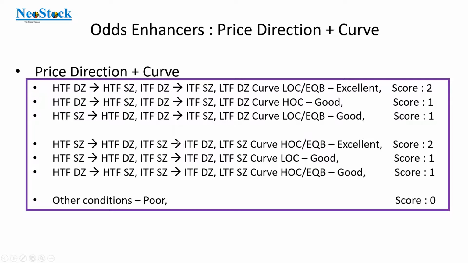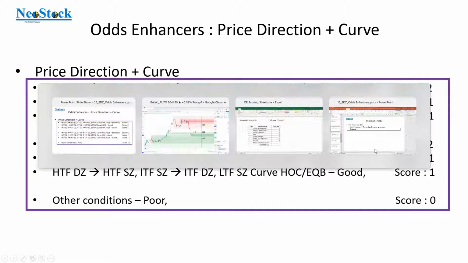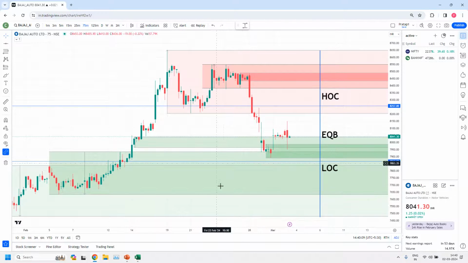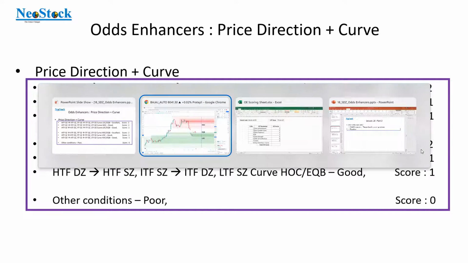ITF is also from supply zone to the demand zone, and our LTF curve is at high on the curve. Because it is high on the curve, even equilibrium in this price direction you can use score 2. If the price direction is opposite, the statistics will change, as I explained in this slide. So currently we are getting a score 2.